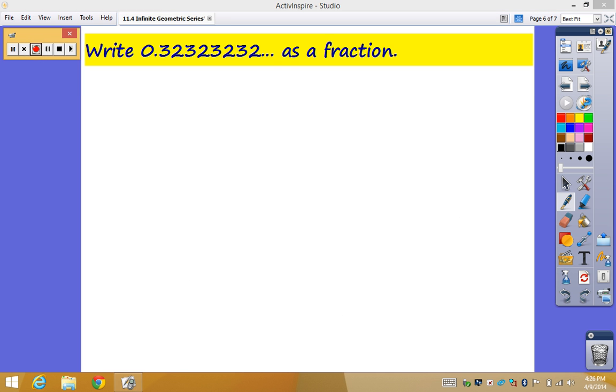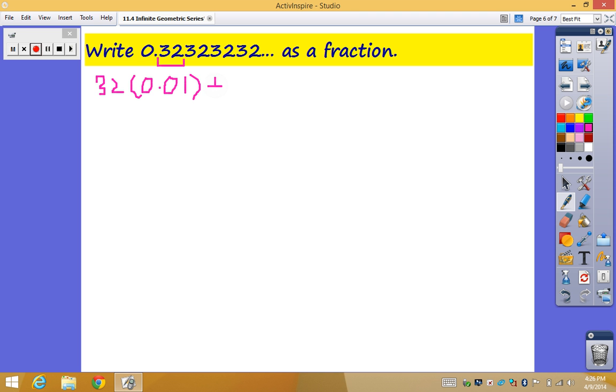The last thing we're going to go over is how to write repeating decimals as fractions. So the first thing that we want to do with these is to rewrite the repeating decimal as a geometric series or an infinite geometric series. So first we're going to look at these first two terms, 0.32. We can write that as 32 times 0.01.